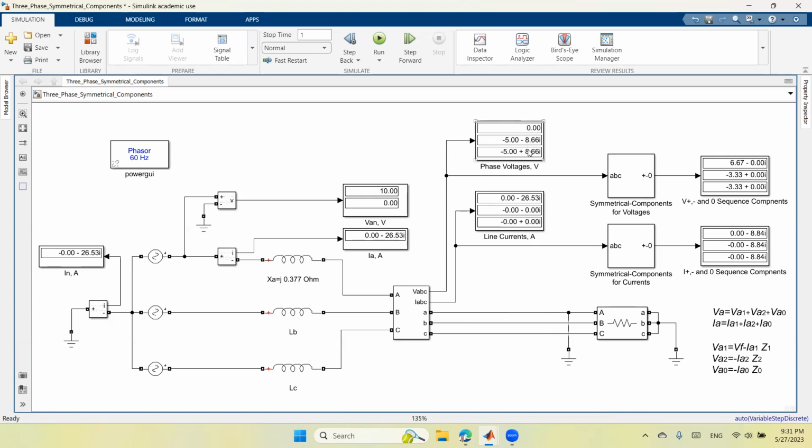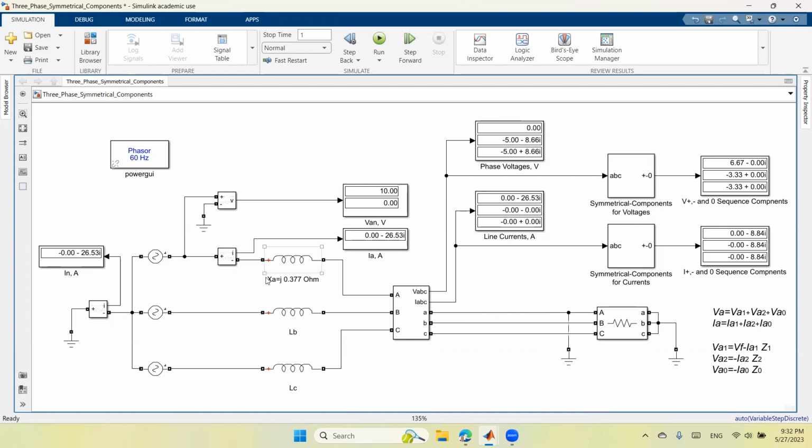Phase B and phase C, which are healthy phases, are still 10 at negative 120 and 10 at positive 120 degrees. We don't see any currents in phase B and phase C because we still have a large impedance here, 1 megaohm, so they are considered to be still open circuited.